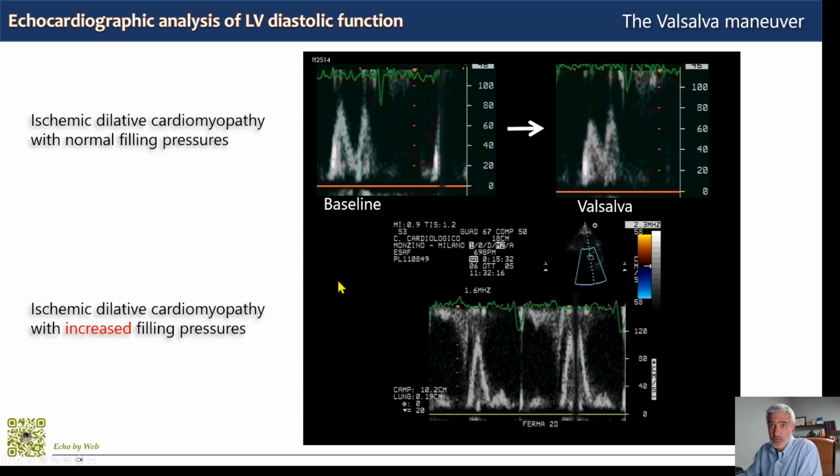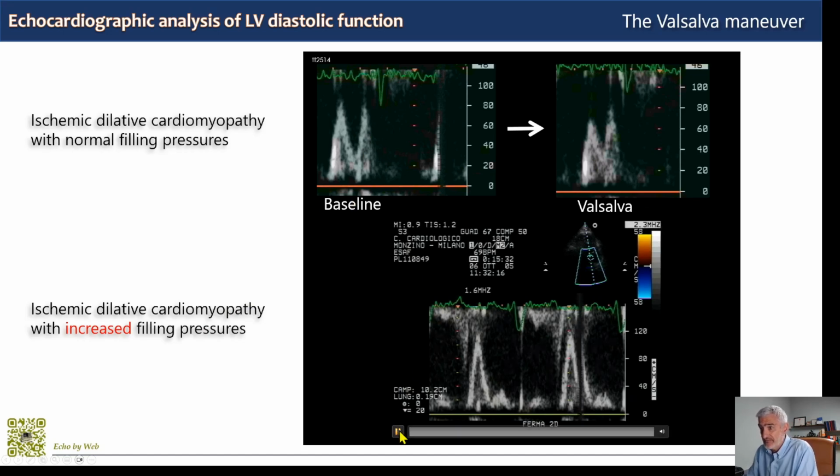And here we have 2 examples of 2 patients. Up here we have an ischemic dilative cardiomyopathy with normal filling pressures. And down here below we have ischemic dilative cardiomyopathy but with increased filling pressures. In the patient with normal filling pressures, you see that the EA ratio from baseline to the end of the Valsalva Maneuver does not change.